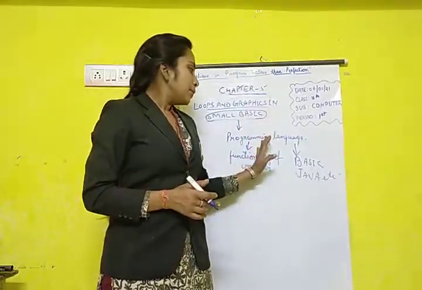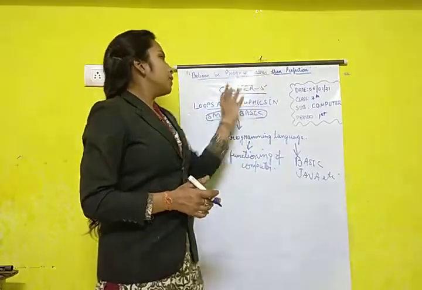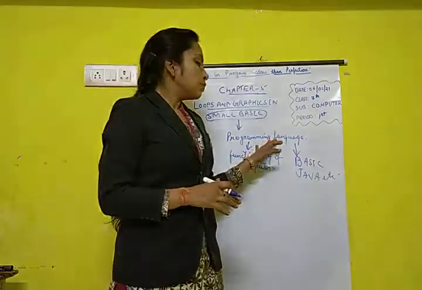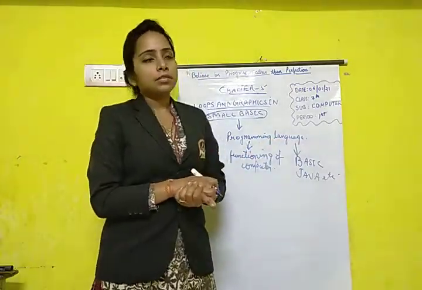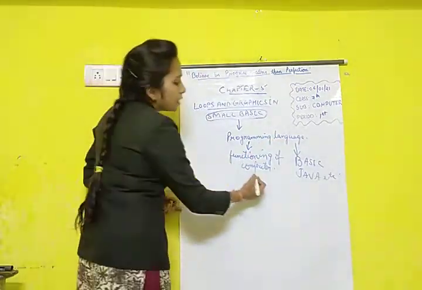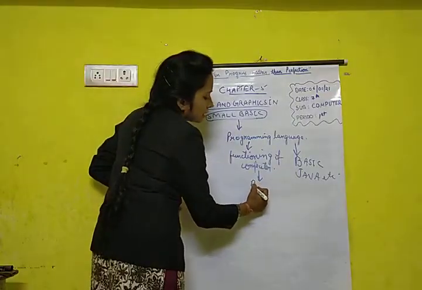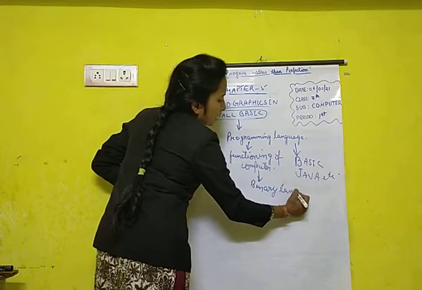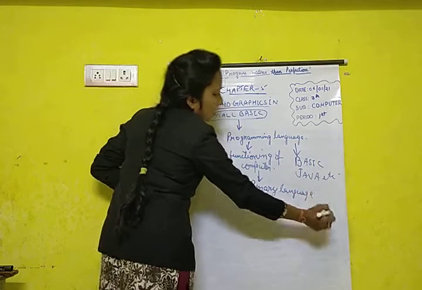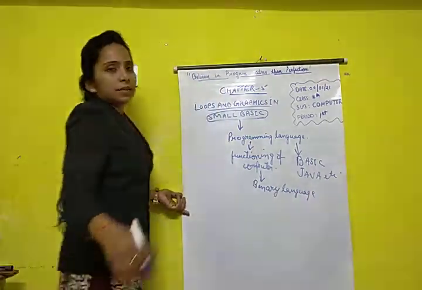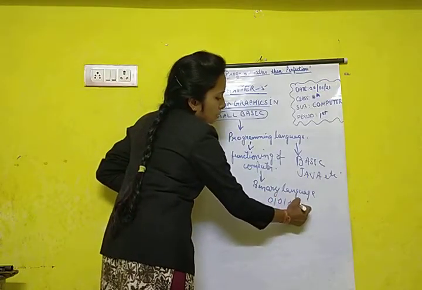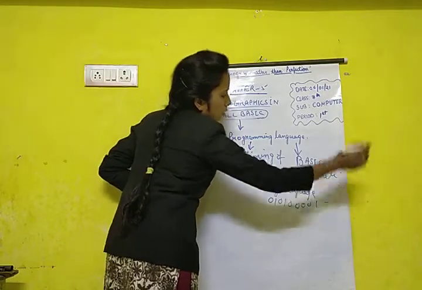But the language of computer is very different from ours. The computer basically understands the binary language. And what is binary language? 0, 1, 0, 1, 0, 0, 0, 1 and so on.